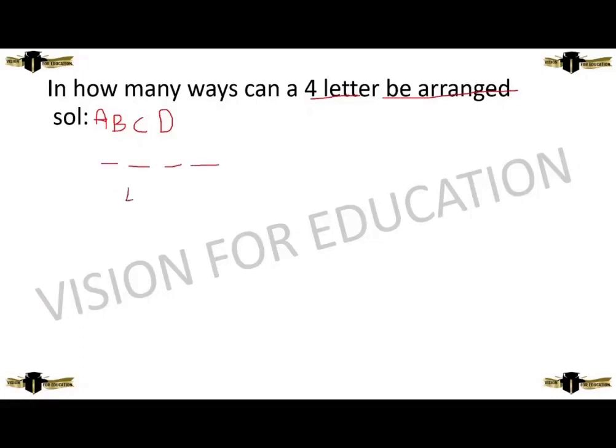They can be arranged in 4 factorial ways. That is equal to 4 into 3 into 2, that is equal to 24 ways.